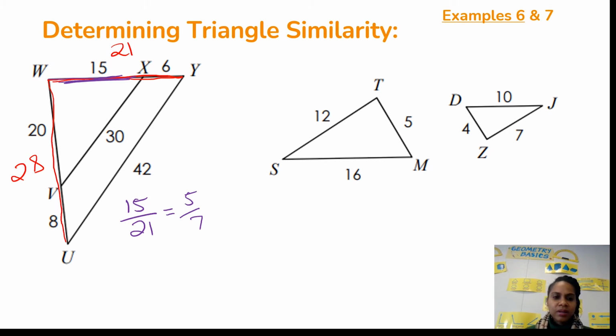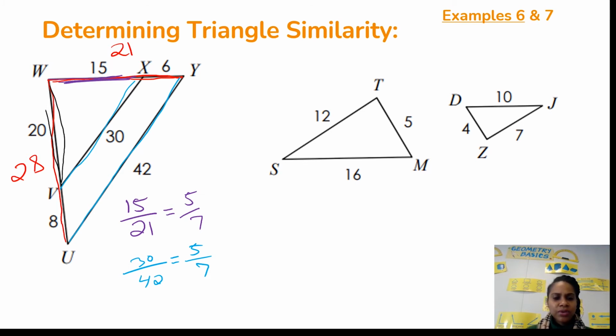All right, looking at this side here, 30 over 42. These are both divisible by 6. So that reduces to 5/7. And next, the last side here, we have WV over WU.